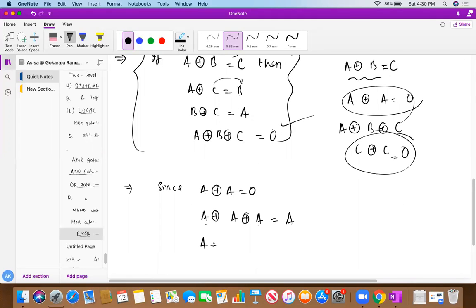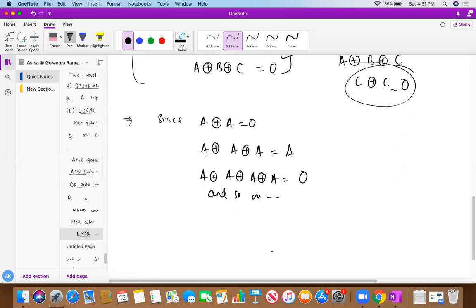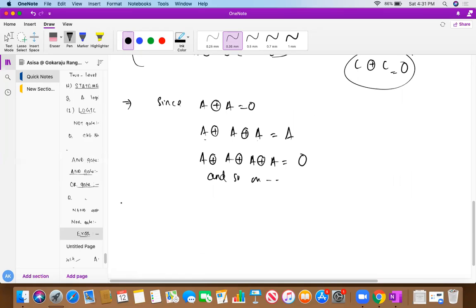Similarly, see here, if A XOR A XOR A XOR A, what will it be? Again it's 0. Why? Because again it forms A XOR A, which is 0. So finally I will give you one particular formula: A XOR A XOR A and so on, up to n terms.